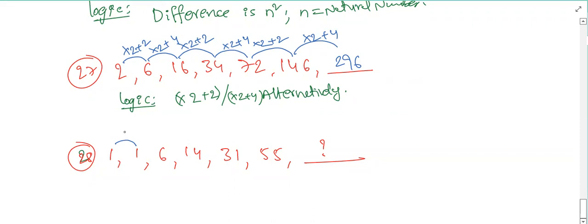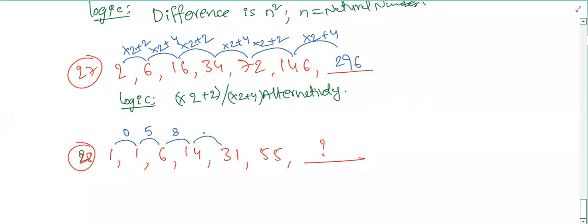Take the first difference, how much is it? 0. Next difference, 5. Next difference, 8.